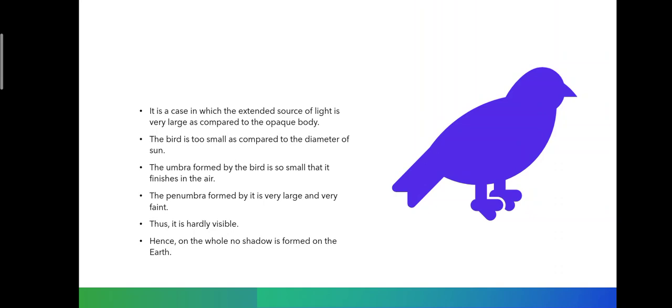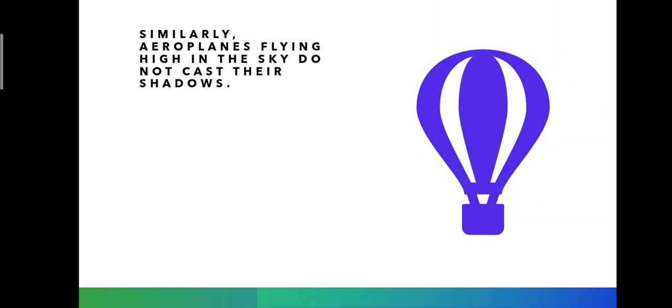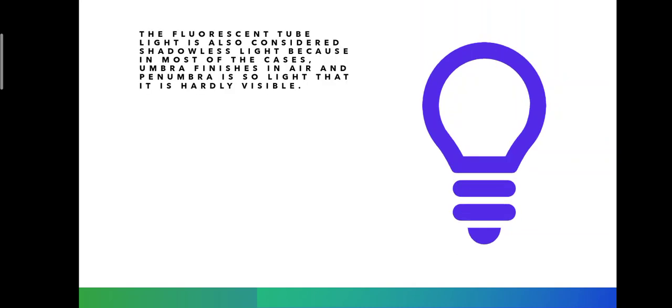The penumbra is very large and very faint, hardly visible because it is the partially dark region of a shadow. So on the whole, no shadow is found on the earth. Similarly, aeroplanes or helicopters flying high in the sky do not cast shadows.